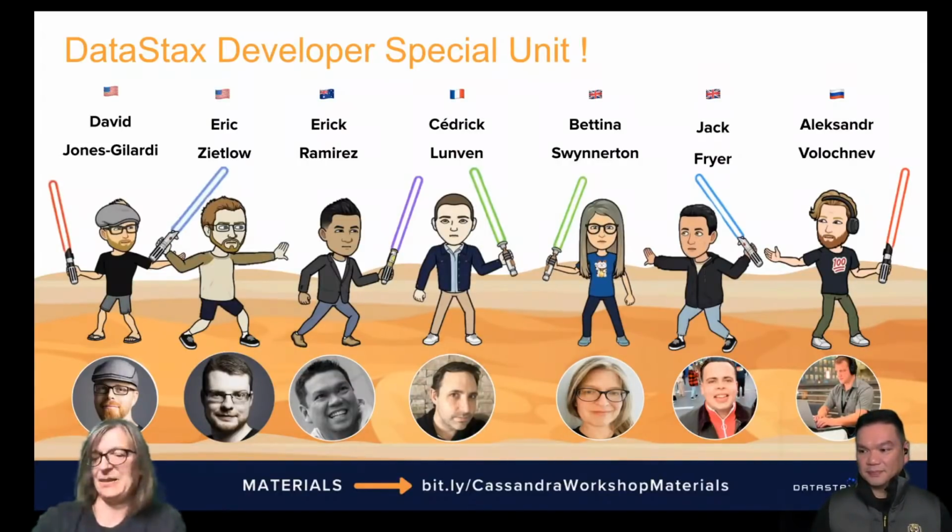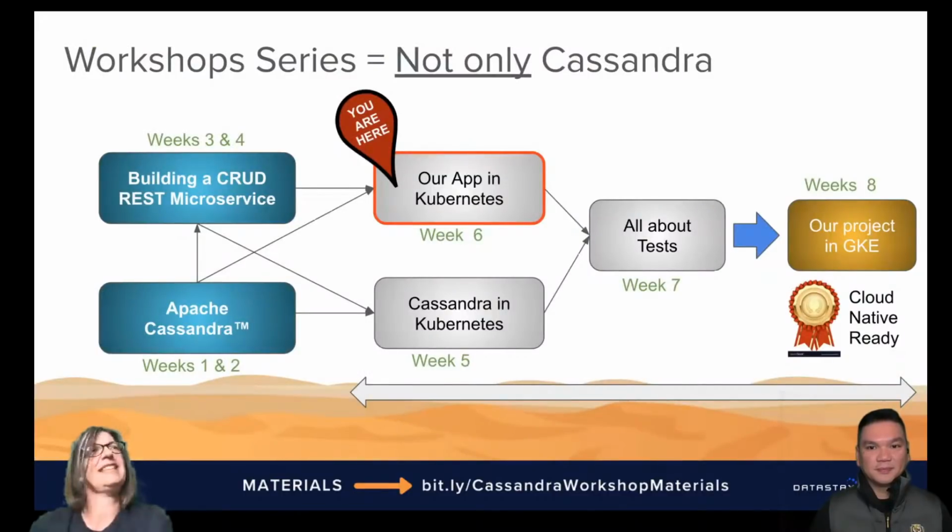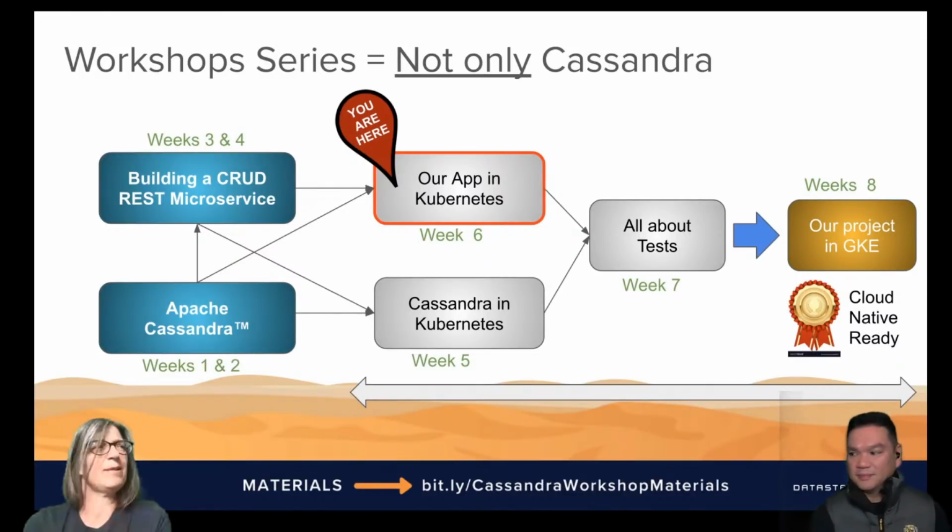Okay. So, let's see where we are in the series. We've come quite a way, right? In the first 2 weeks, we talked a lot about Cassandra and the fundamentals and how important data modeling is to running your application.